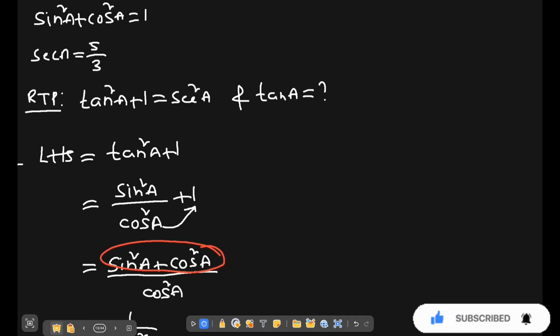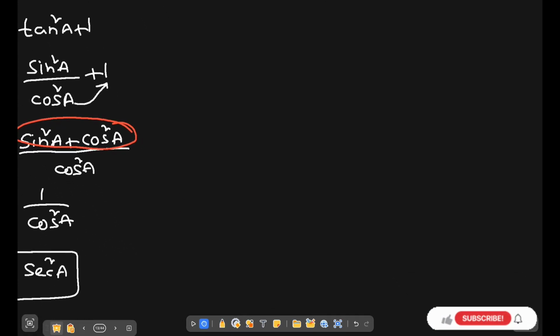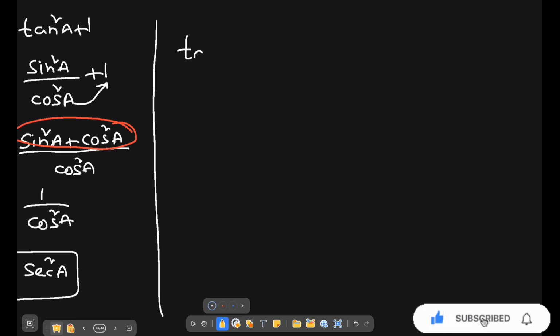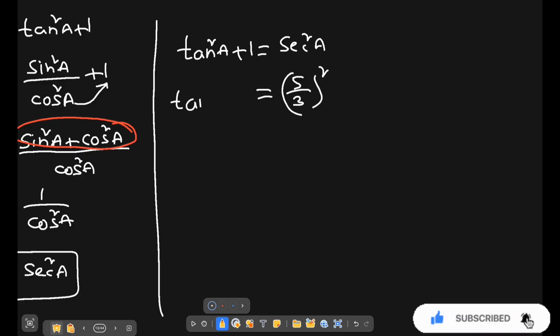And it is given that sec a is 5 by 3. We know that just now we got tan square a plus 1 is equal to sec square a. Here substitute the sec a value 5 by 3, so 5 by 3 whole square. Tan square a plus 1 is equal to 5 by 3 whole square.